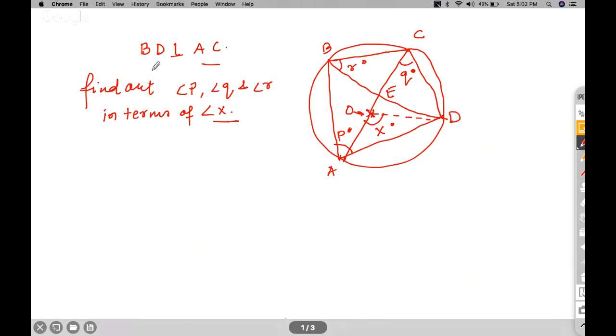Okay, so few of you have already done it, so let me do it. What is this angle X? Angle X is angle subtended by arc AD.